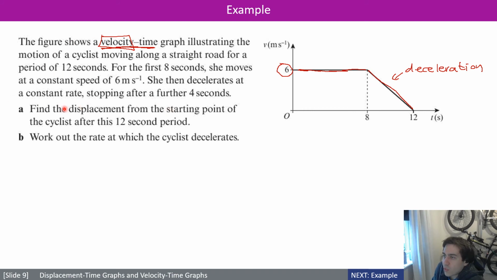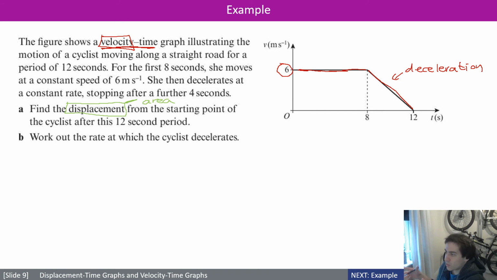Right, let's answer the actual question then. Find the displacement from the starting point of the cyclist after this 12-second period. So what did we say displacement corresponds to on a velocity time graph? On a velocity time graph, it corresponds to the area. So now we think about what is the range of time I'm interested in.